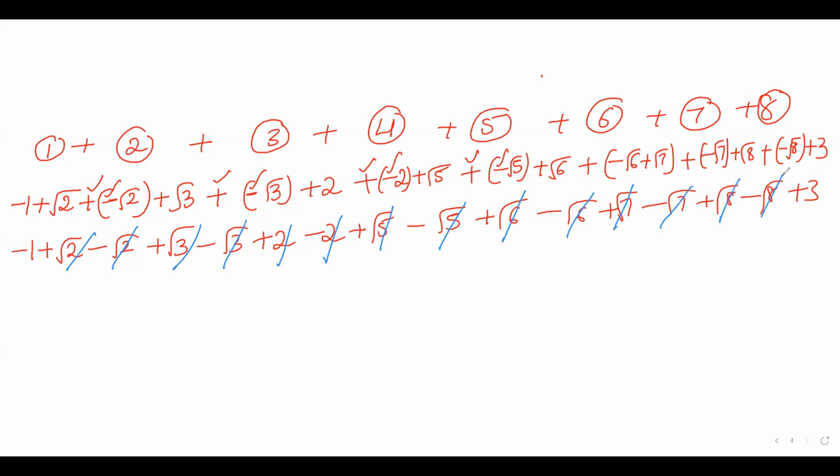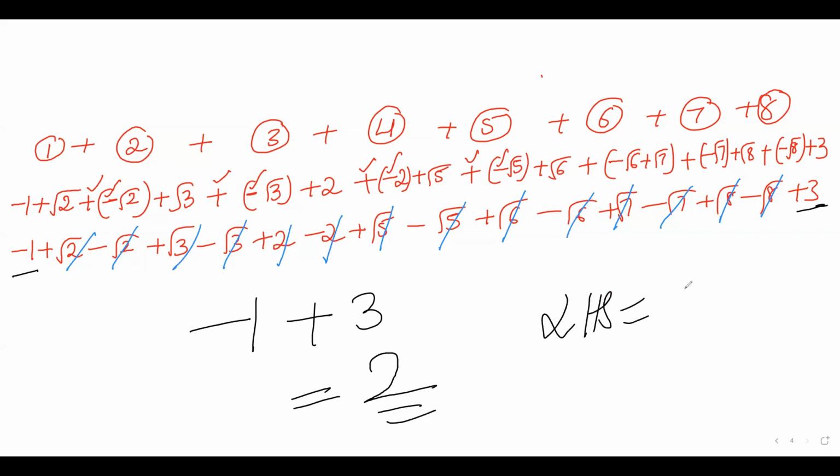Plus root 8 minus root 8 will cancel. And finally, here minus 1 is remaining. Here plus 3 is remaining. Minus 1 plus 3 is 2. Therefore, LHS is equal to RHS.